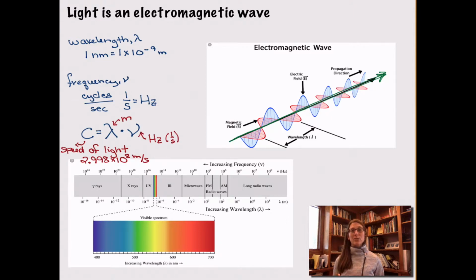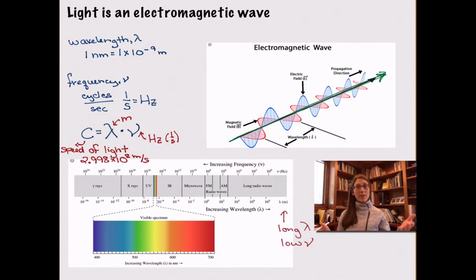When you look at the electromagnetic spectrum, we have a range of different types of light, and they're all electromagnetic waves. What differs is their wavelength and their frequency. So on the long wavelength, low frequency side of things, we have radio waves. On the other side, where we have very short wavelengths and very high frequency, we have gamma rays.